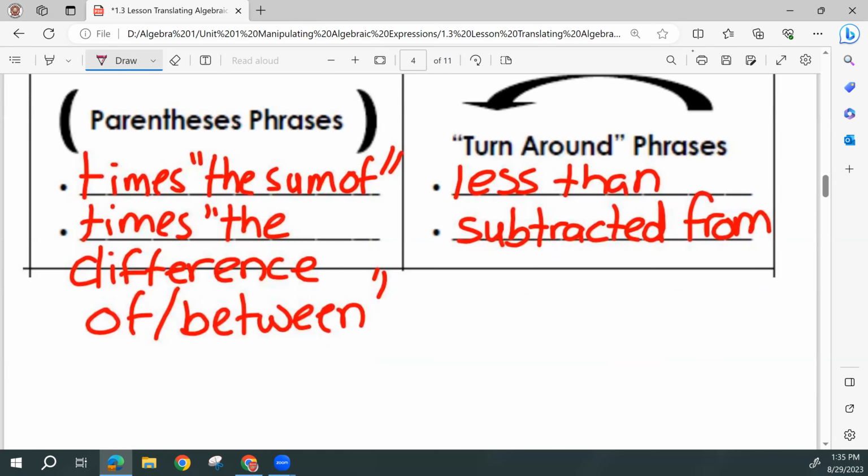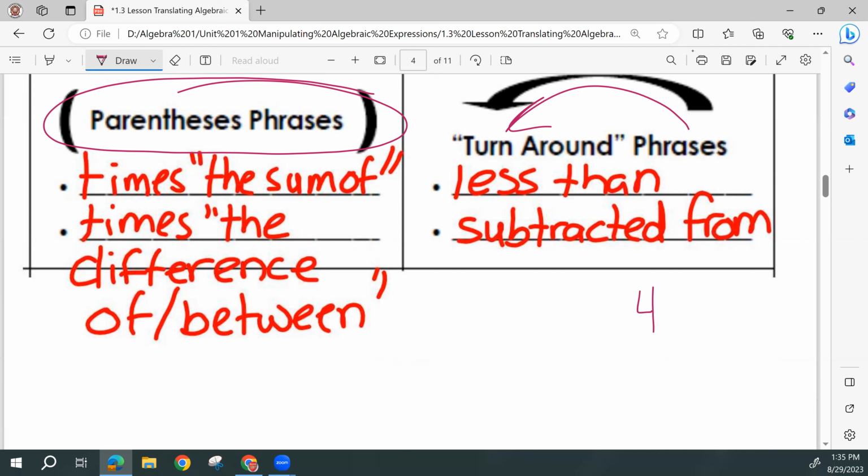And then last but not least, these are some phrases that will tell you you're going to need parentheses or these things called turnaround phrases, which tell you, for example, if I start with the number 4, I'll say 4. Okay, 4 is less than. Oh, that means not to go to the right.